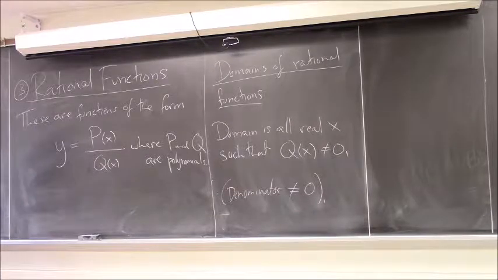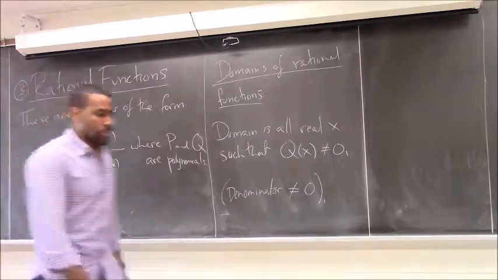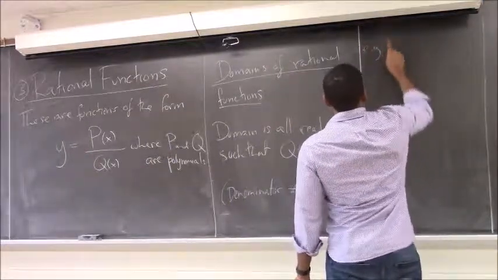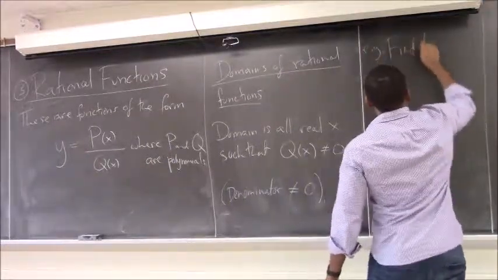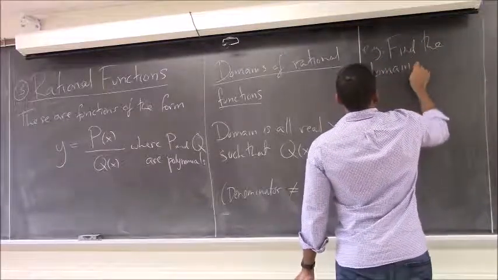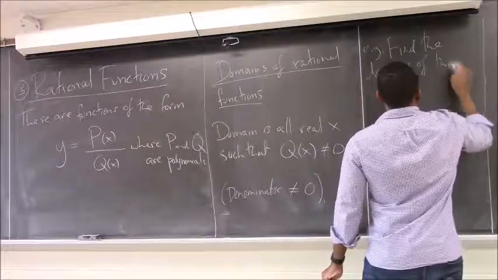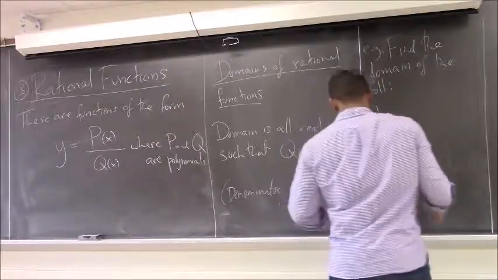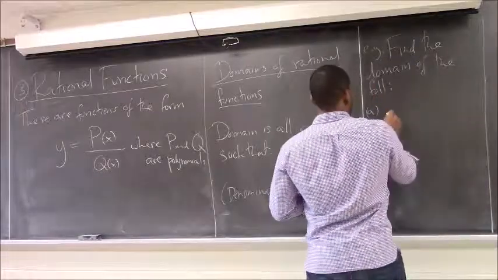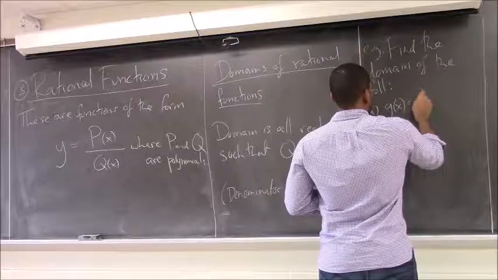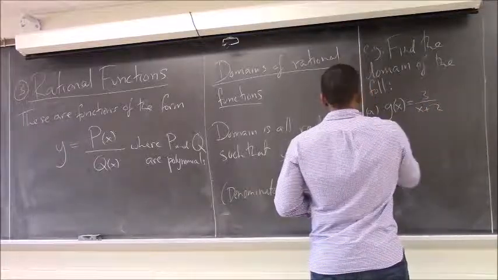So let's actually do some examples now, where we find domains. Find the domains of the following. A. G of x equals 3 divided by x equals 2.